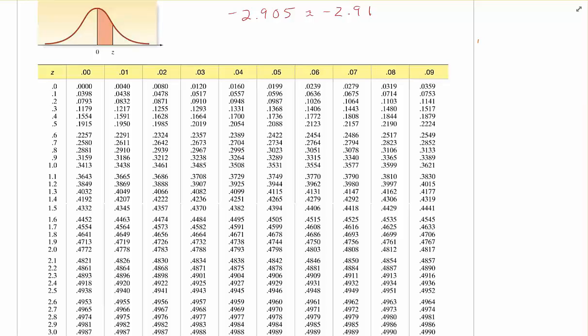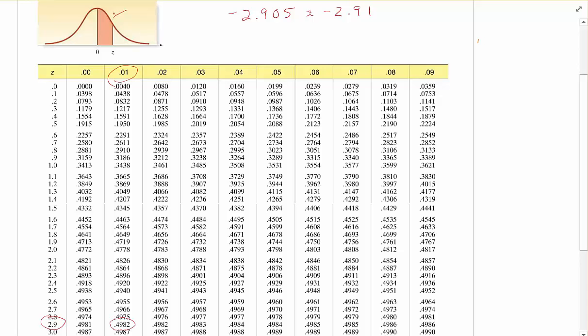Also, as you know, the standard normal table works on the right side for the positive, but by symmetry we'll be able to figure out what we need. The 2.91 would be down here in row 2.9 and then in column 0.01, so my value would be 0.4982.